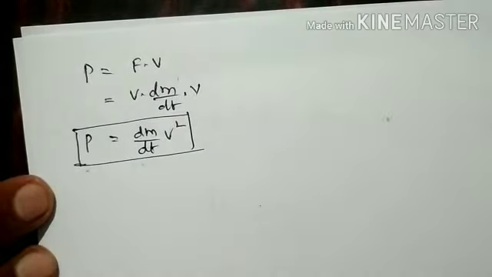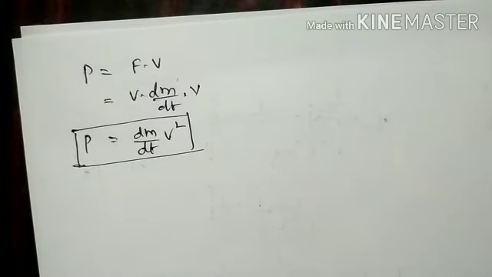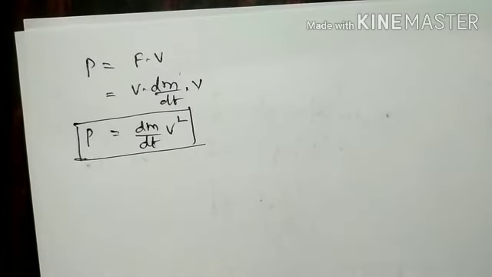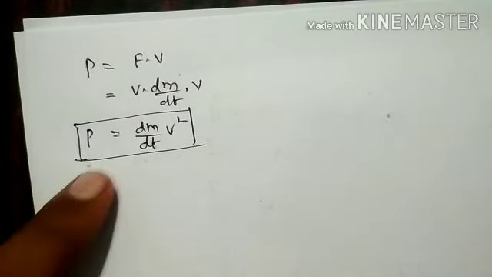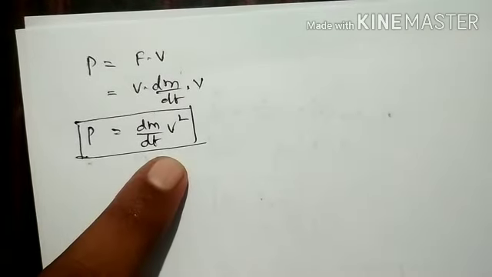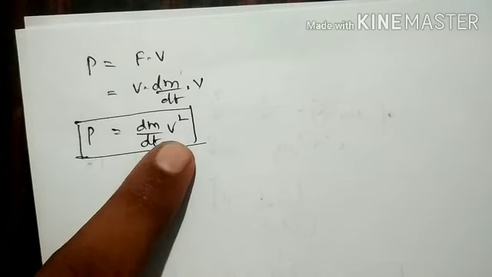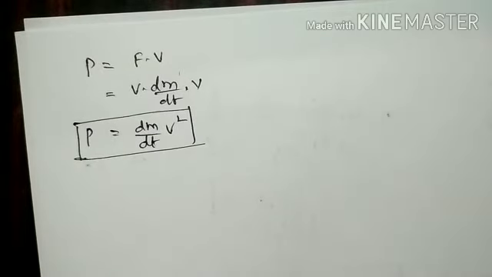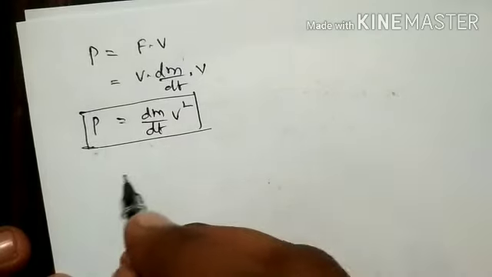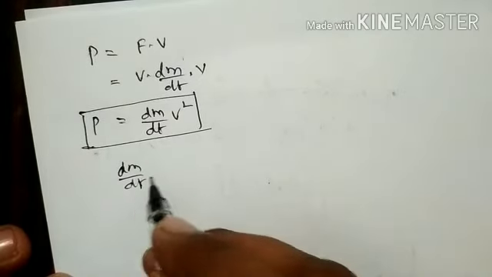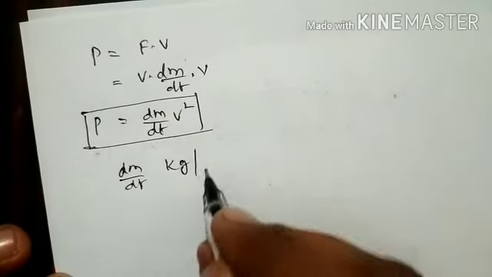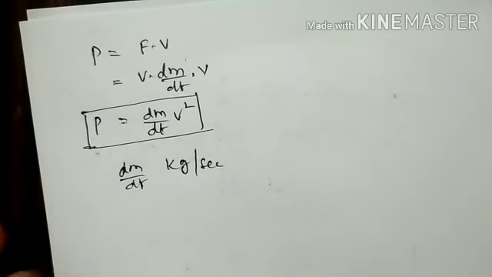So this is another formula. In the case of a conveyor belt, the power delivered by the motor to move the belt at a constant speed is P equal to dm by dt into v square, where v is the velocity of the belt and dm by dt is the rate of change of mass, with units of kilogram per second. That is, how much mass is added to the belt in 1 second.